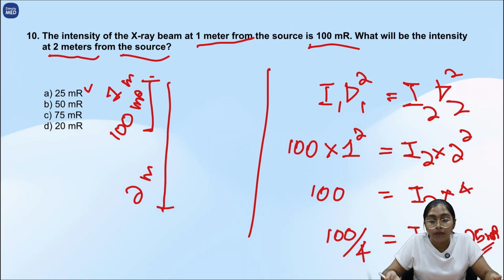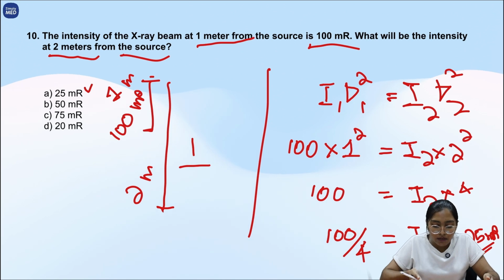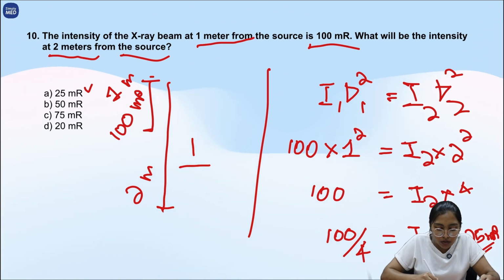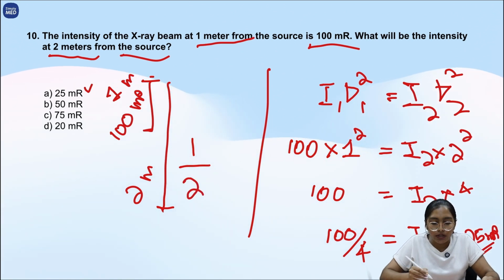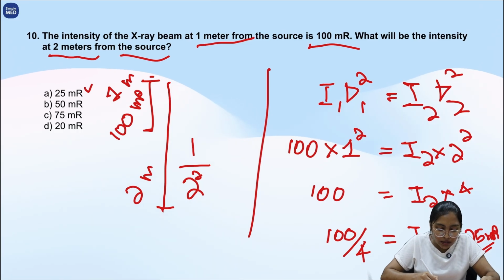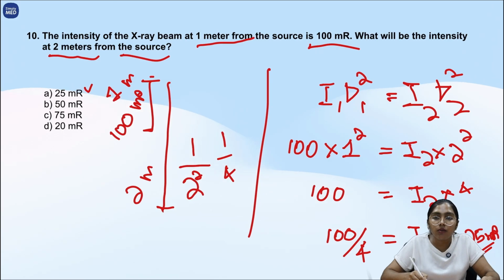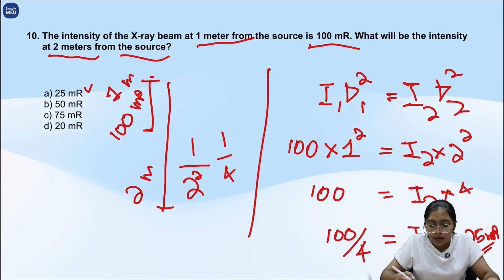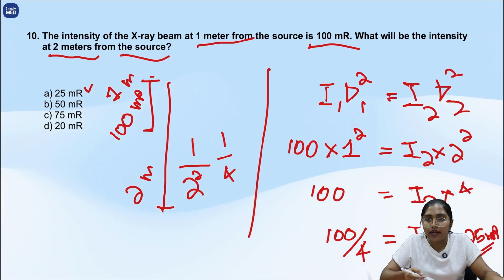From our concept of the inverse square law, if we double the distance, the intensity gets reduced to 1 by the square of it. So the square of 2 gives 1 by 2 square, which is 1 by 4. So 100 by 4. Like this also you can calculate if the question is very simple.